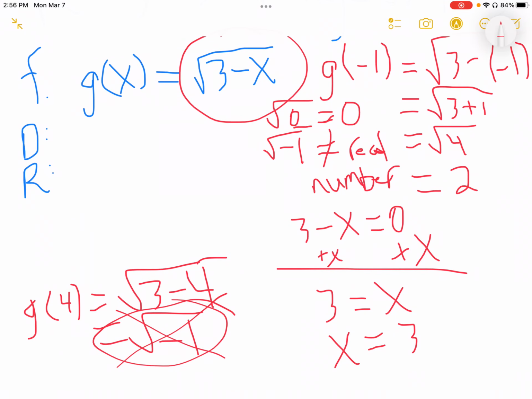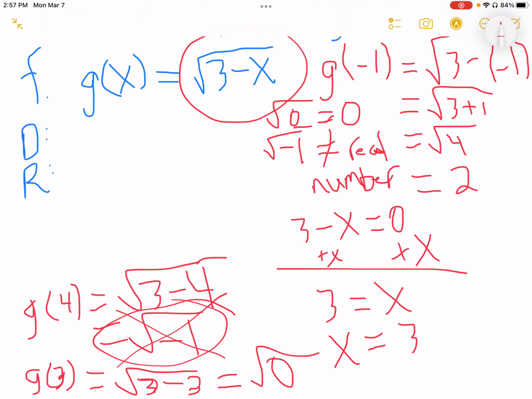So now, again, using our example here, our g of 3, then if we did that, right, then we have 3 minus 3, then we have square root of 0, which we can calculate on our calculator to be 0.